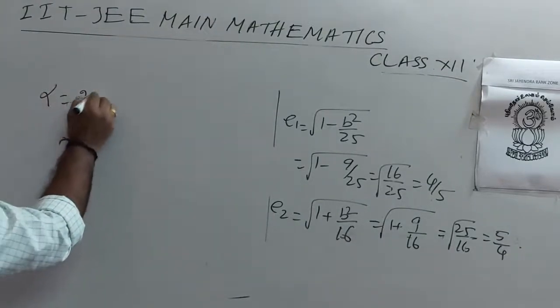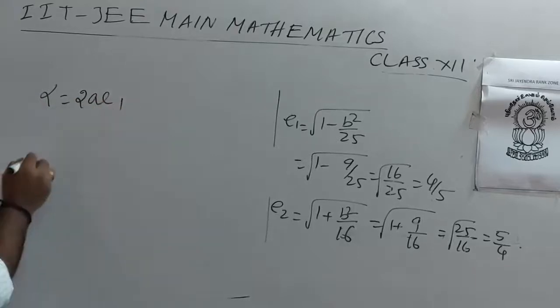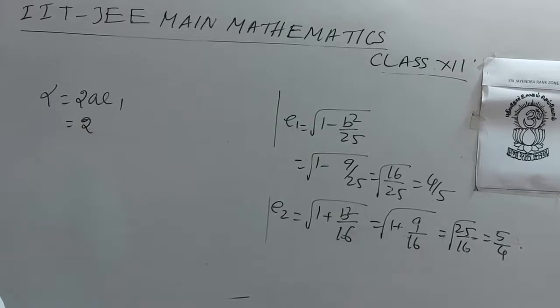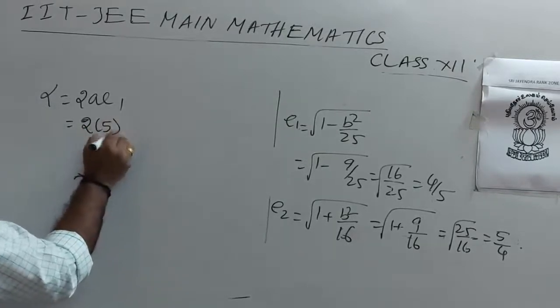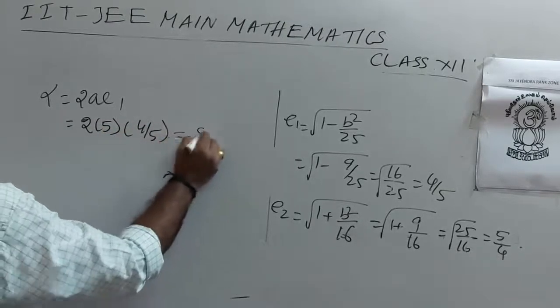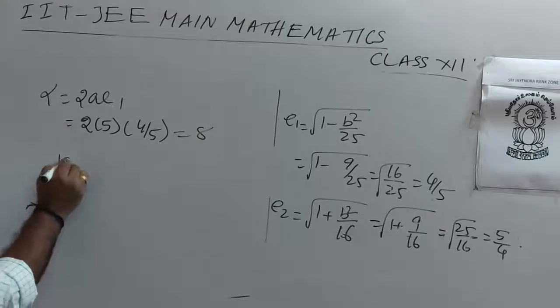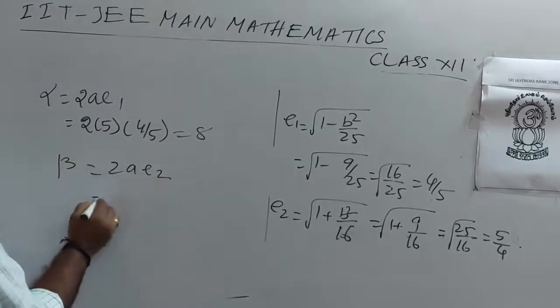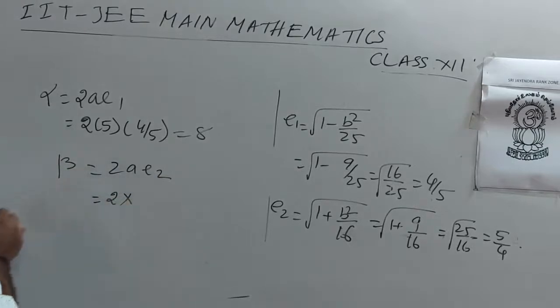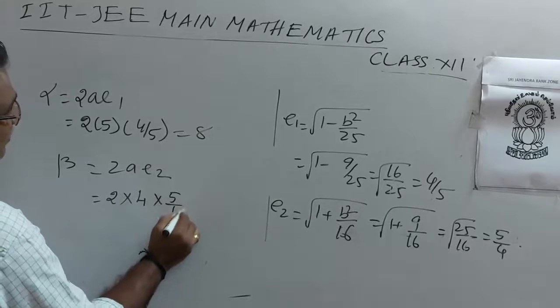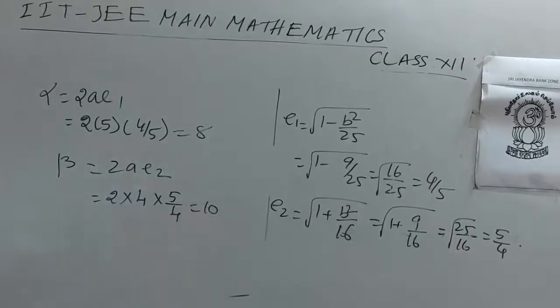Alpha equal to 2a e1, 2 into, for ellipse a equal to 5, e1 value 4 by 5, that is 8. Beta equal to 2a e2, 2 into, for hyperbola a takes value 4, the e2 5 by 4, that is 10.